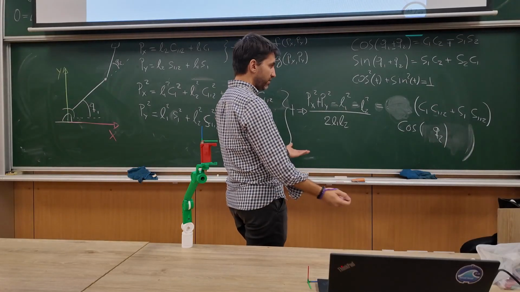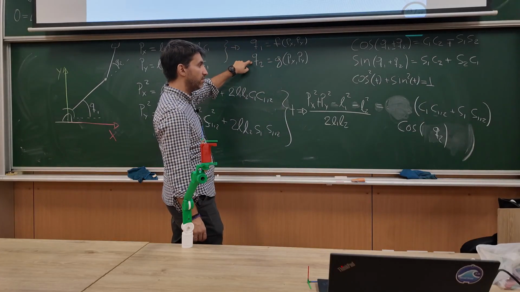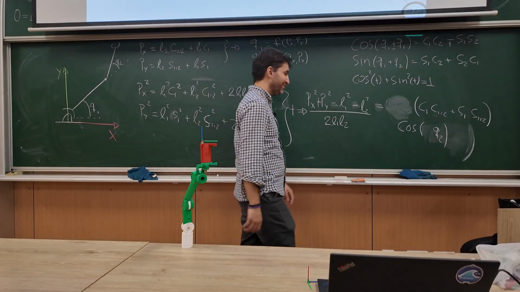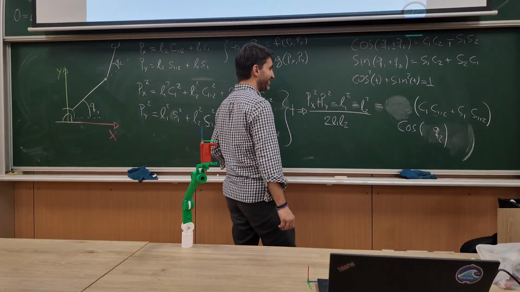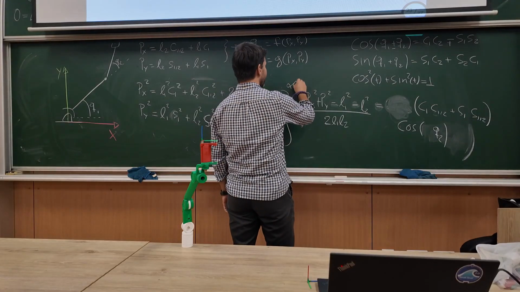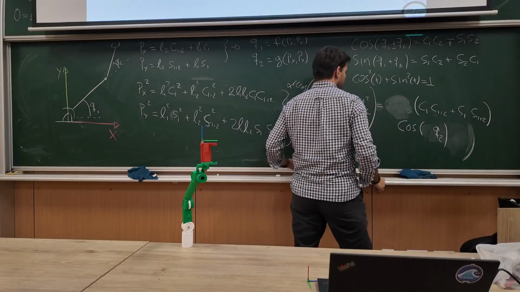All right, so how much is Q2 now? This is what I'm looking for. All right, so this will be arc cosine of this, which will be Q2.